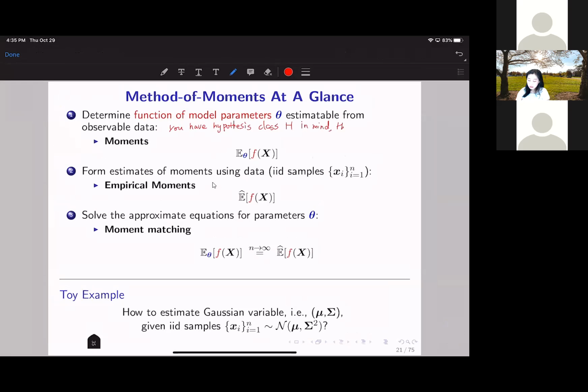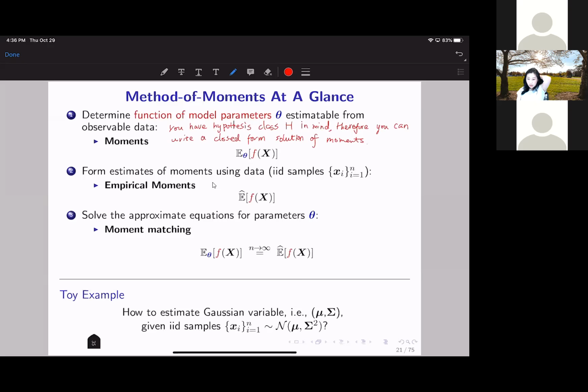Therefore, you can write a closed form solution for moments. This might be a little bit confusing at first.